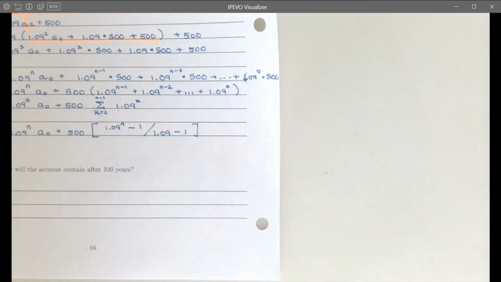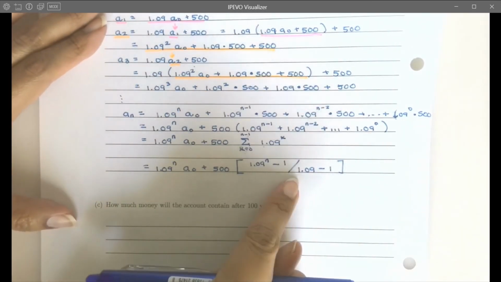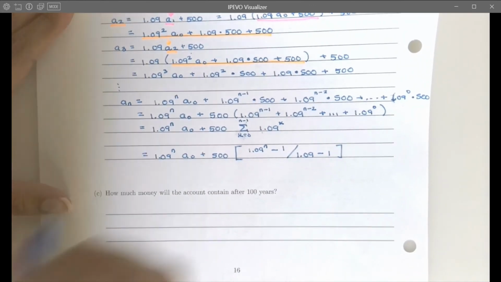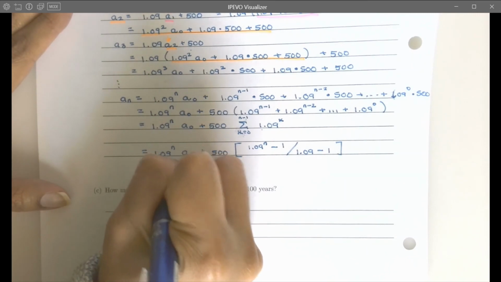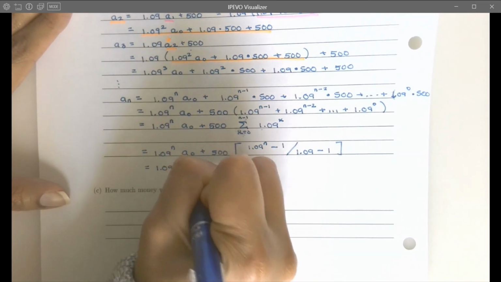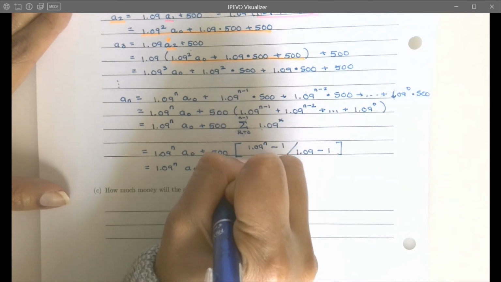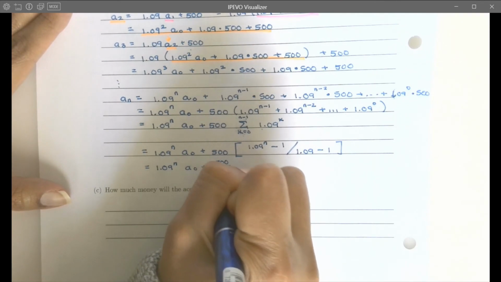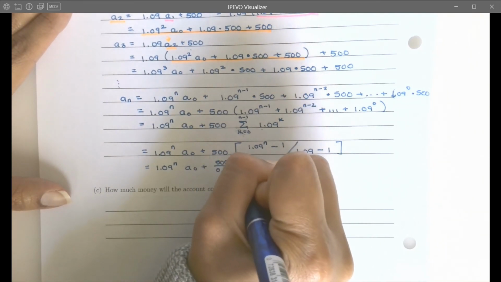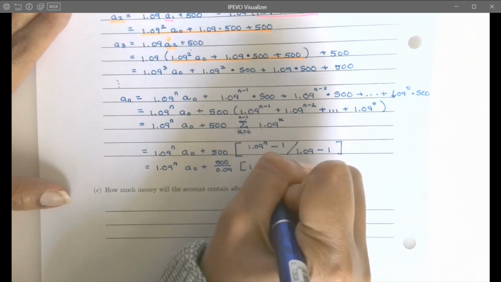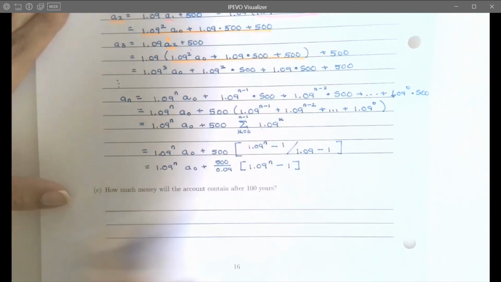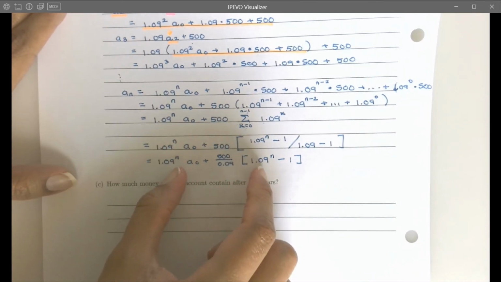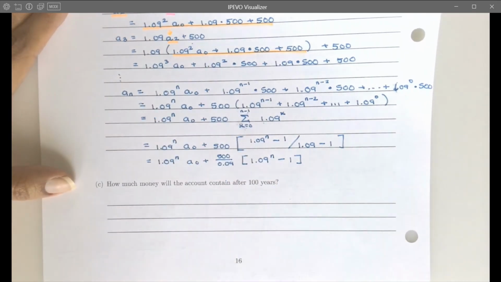Okay, and that we can still simplify a little bit, because 1.09 minus 1, that's just 0.09. So we have 1.09 to the n A0 plus 500 over 0.09 times 1.09 to the n minus 1. And notice this term and this term are like terms. So I'm going to try to combine them together.